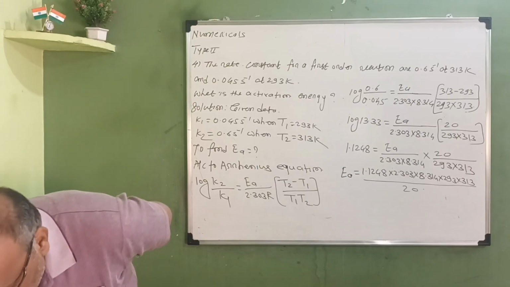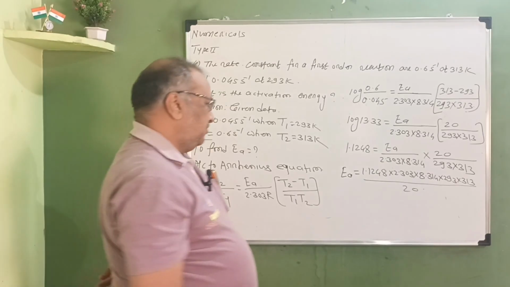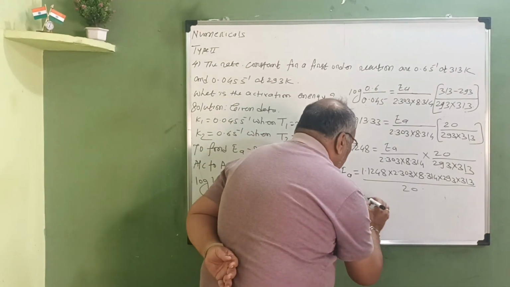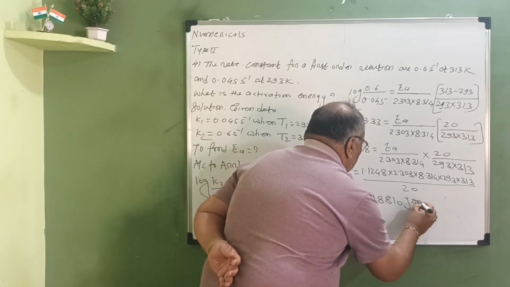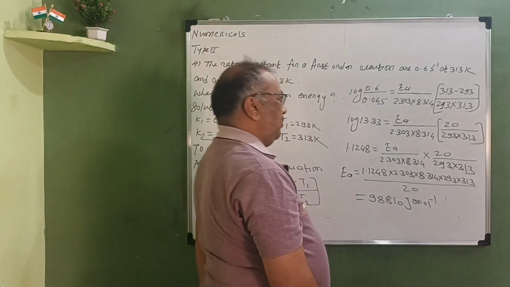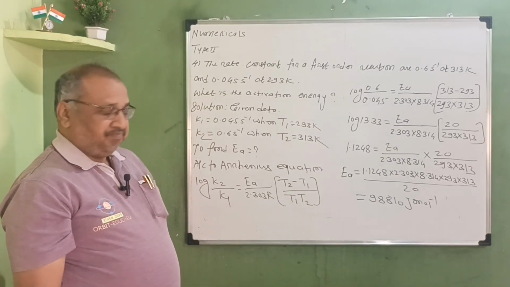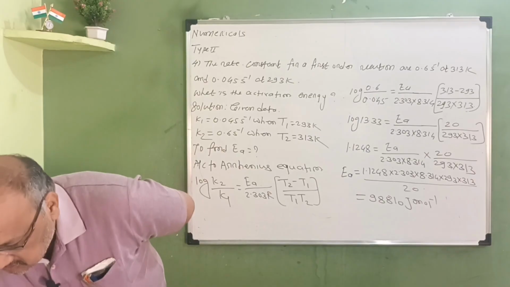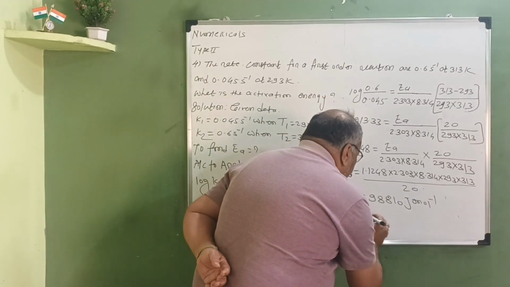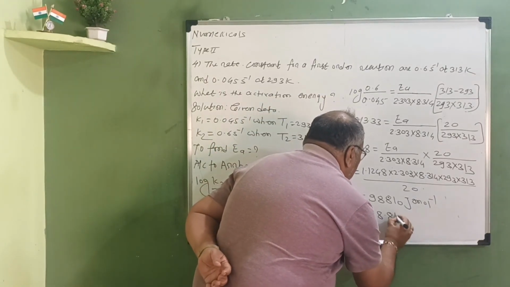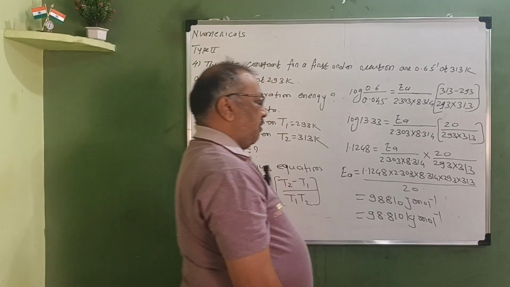That means the answer is 98.810 joule per mole. Convert it into kilojoule per mole by dividing 1000. That means here 98.810 kilojoule per mole.